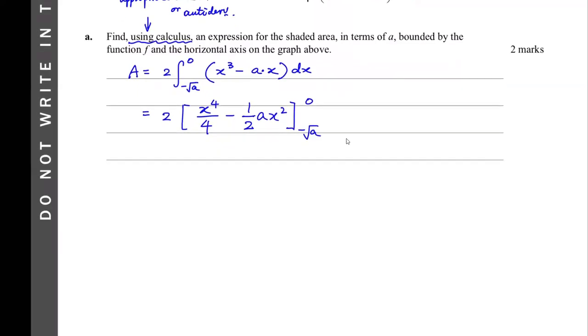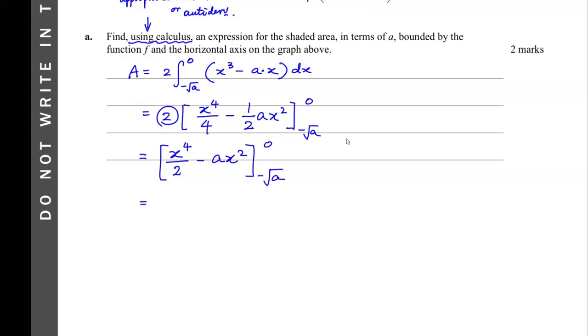Okay, now you need to show some substitutions. Before you substitute anything, I'll take out a 2, so you're actually working with x to the power 4 over 2 minus ax squared. But you haven't evaluated this antiderivative yet.